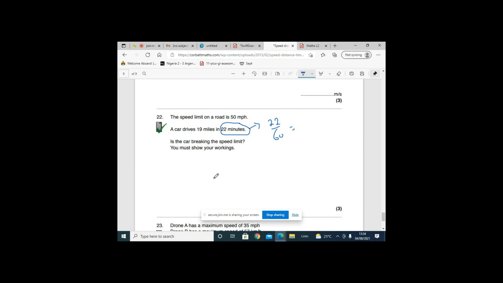That's 0.36. Then you do speed equals distance divided by time. The distance is 19 and the time is 0.36.